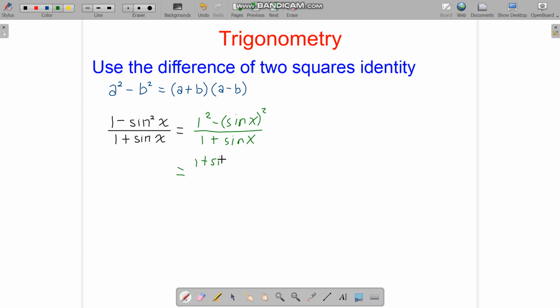So 1 plus sine, 1 minus sine, and here we can cancel out some things, and we have only 1 minus sine x. Simpler now.